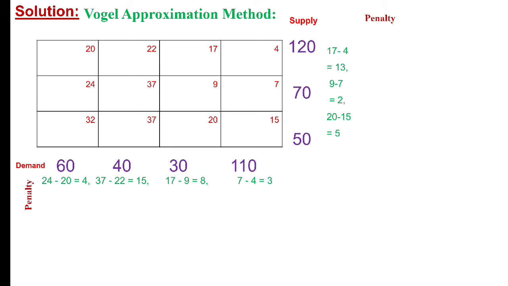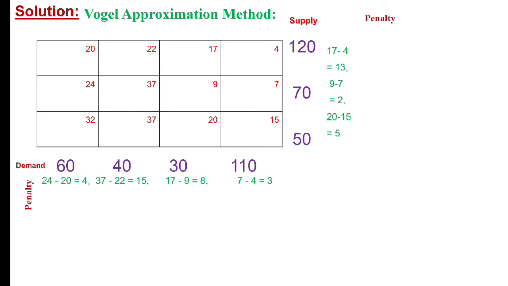In that, what is the maximum? Row wise we have 13, 2, 5. Column wise 4, 15, 8, 3. Compared to the rows and columns, the second column penalty is the maximum, so we select the second column.